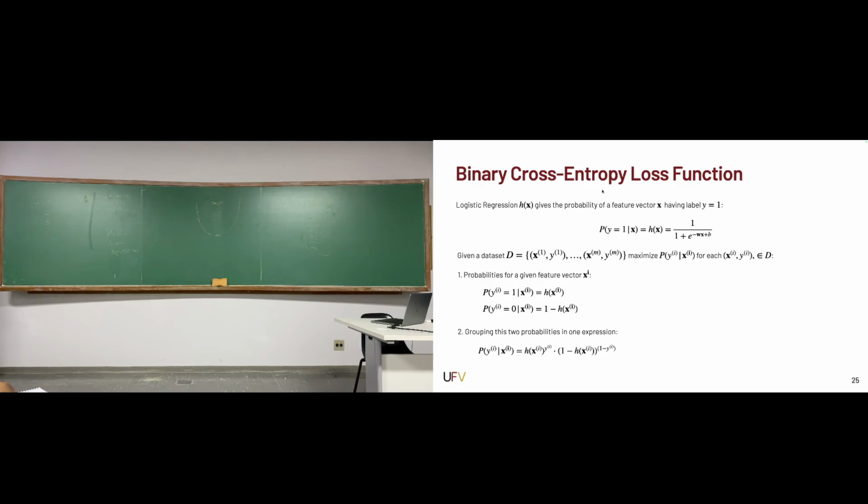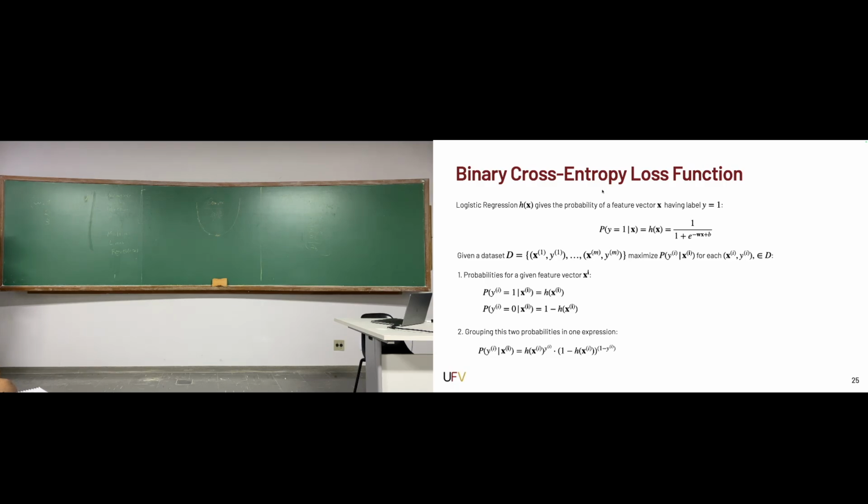Why can we do that? Well, let's think about this. If y i was equal to 1, then I would have this term here raised to the power of 1, and this second term raised to the power of 0. So this whole second term would be 1, and what would be left is just the first term.